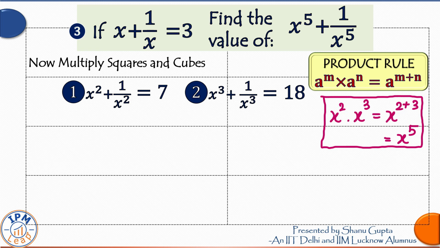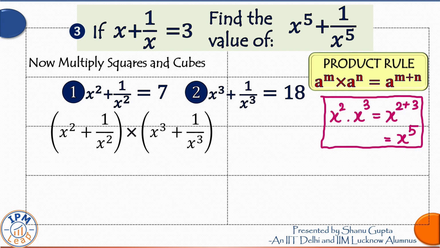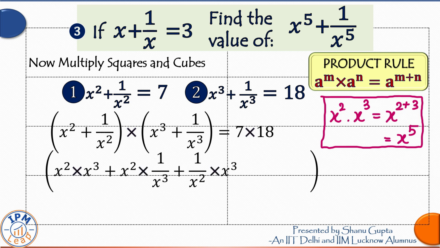So multiplying, we get x square into x cube plus x square into 1 upon x cube plus 1 upon x square into x cube plus 1 upon x square into 1 upon x cube.